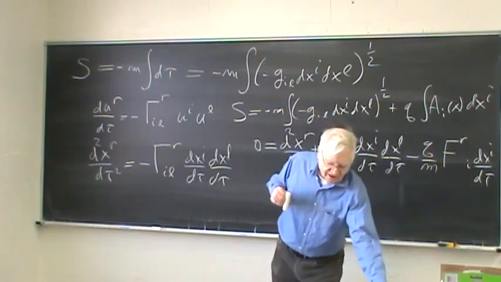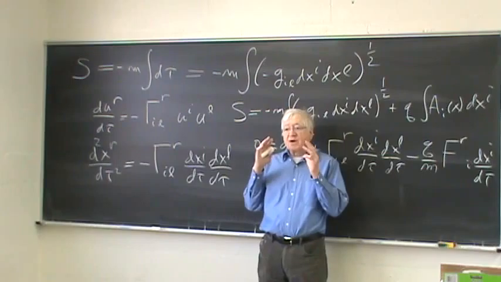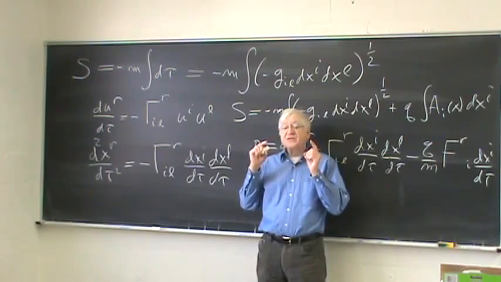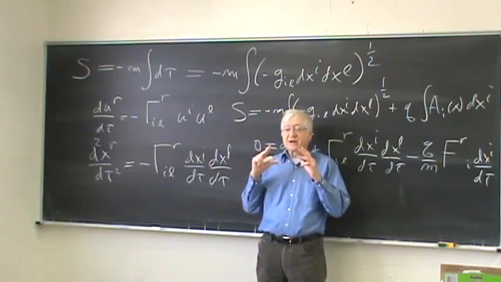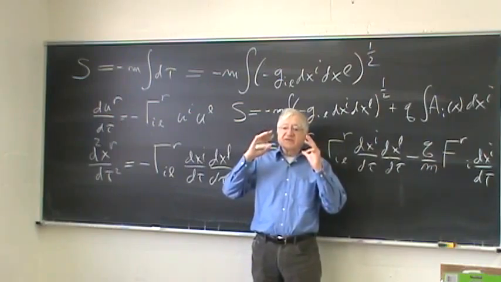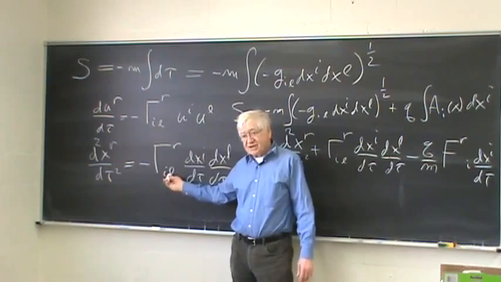When I said that we had to make the region particularly small, I want to make it so small that there are no first derivatives of the metric tensor. So not only is the metric tensor eta, but the first derivatives of the metric tensor are 0. Then gamma is 0 there.